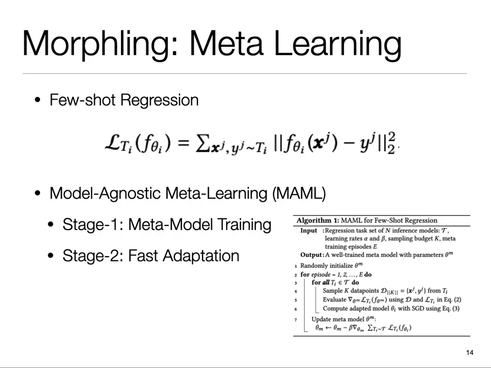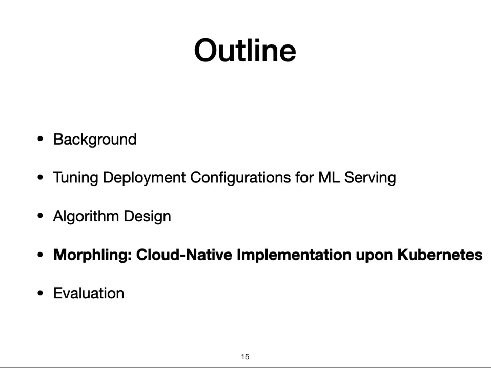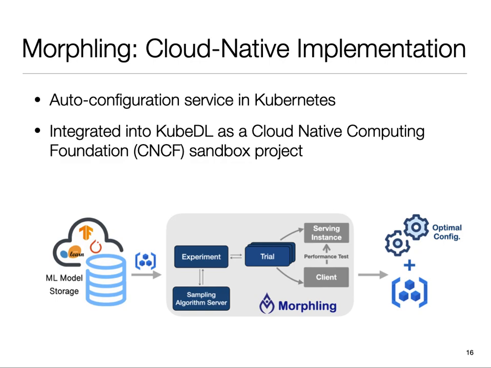Given a new inference service, Morphling performs online few-shot learning. It samples a small number of configurations and uses the results to adapt the meta model to the new service. We have implemented Morphling as an easy-to-use auto-configuration service in Kubernetes, which is open sourced for public access.